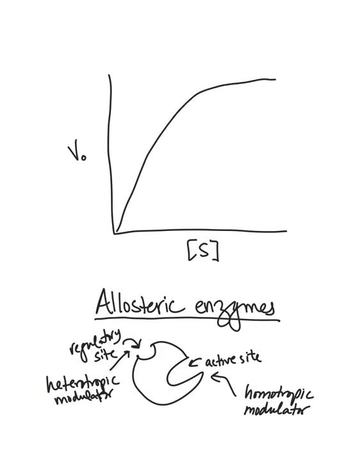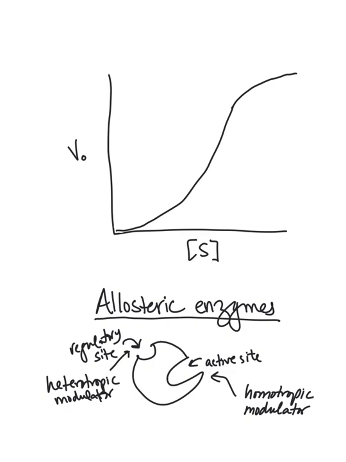That's not the case for allosteric enzymes. So allosteric enzymes are often multi-subunit, and they show kinetics that's sigmoidal. Let me fix that little curve.